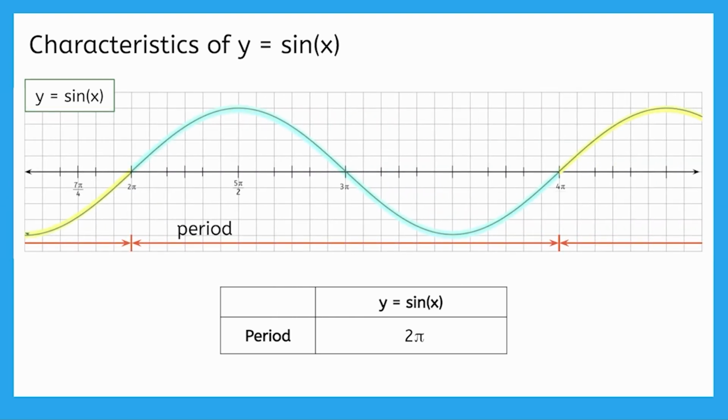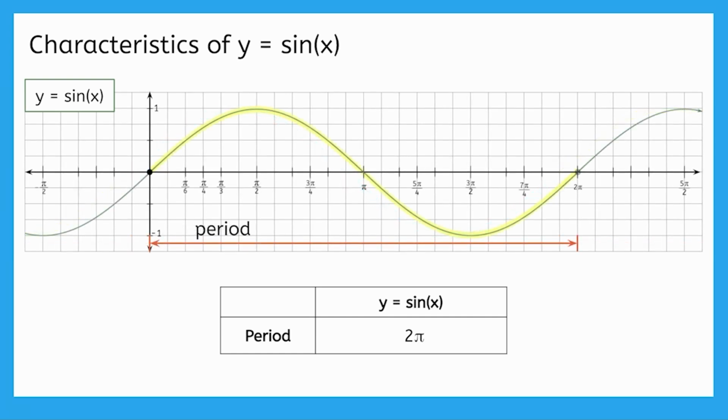While we typically observe the period starting at x equals 0 and ending at x equals 2 pi, no matter where you start observing the cycle along the x-axis, it always takes a horizontal span of 2 pi to complete one full cycle of the sine function. This is a fundamental characteristic of the sine function, reflecting its consistent and repeating pattern.